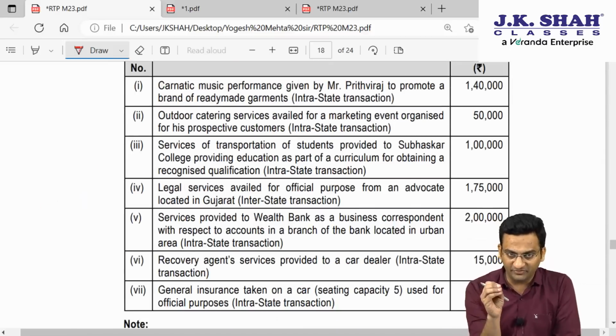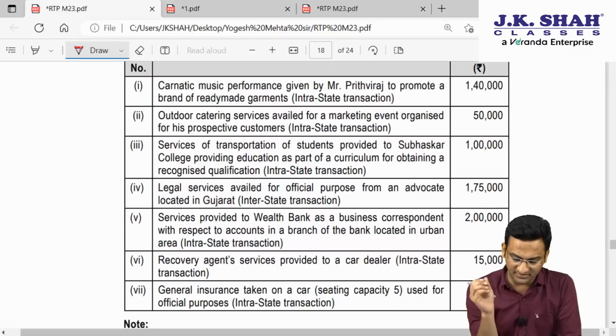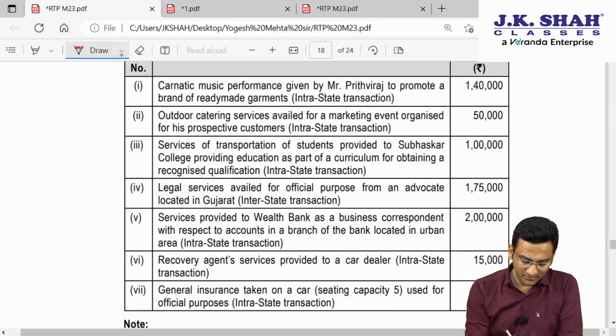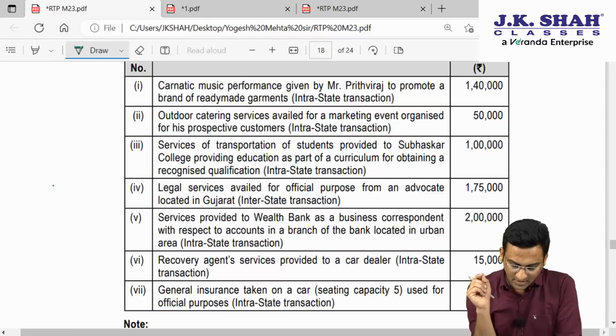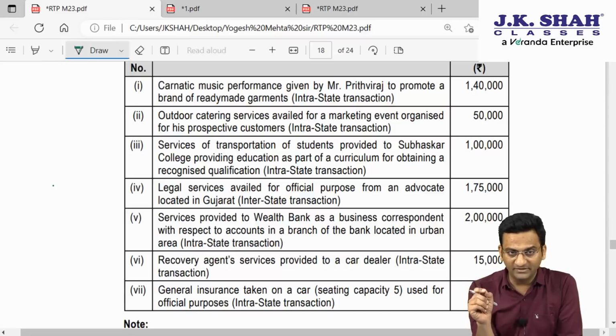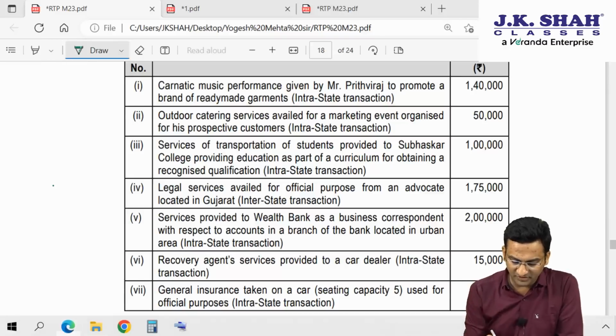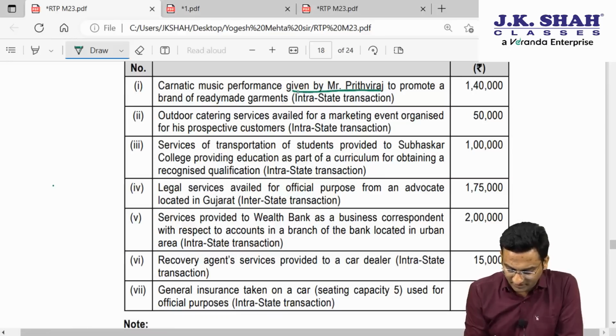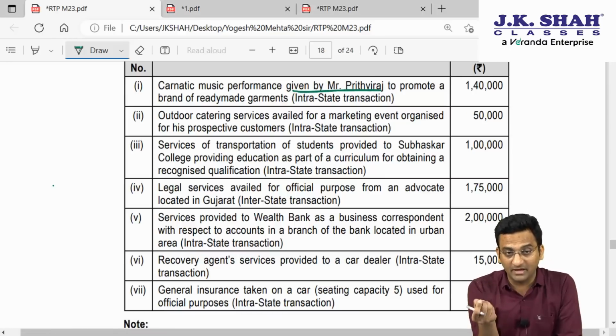Friends, let us first find out which of the following is outward supply. So friends, first question, point number 1, Carnatic music performance given by Mr. Prithviraj. This performance was given by Mr. Prithviraj to promote a brand of ready-made garments.